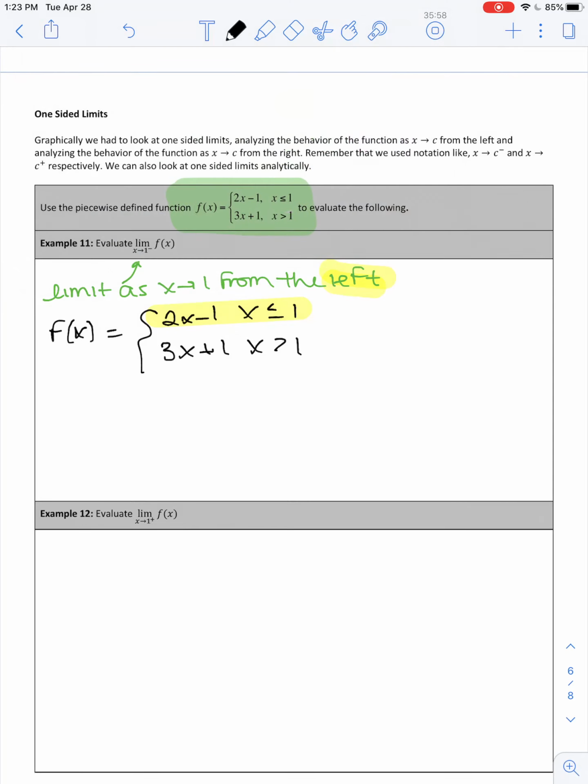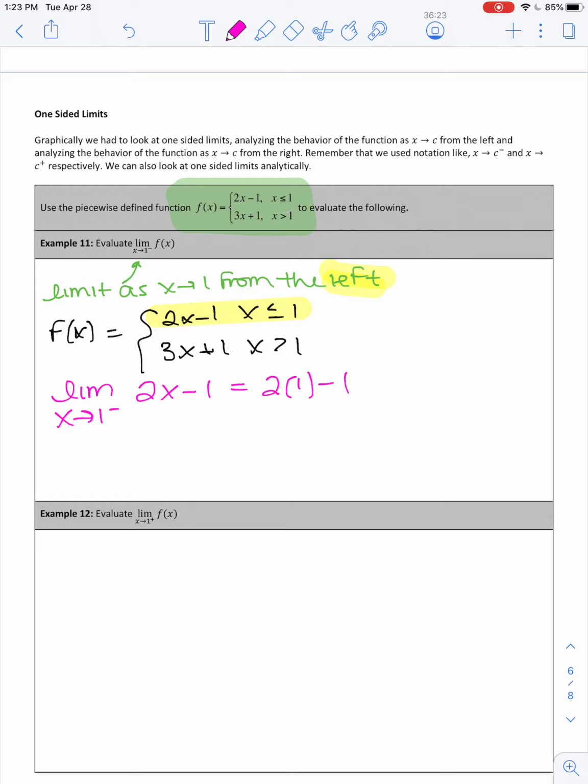Okay, that tells us that in order to evaluate the limit as x approaches 1 from the left of f of x, we need to just use the component 2x minus 1.